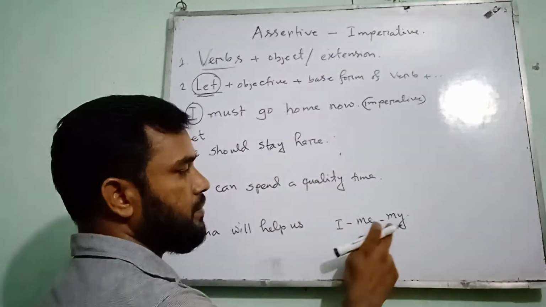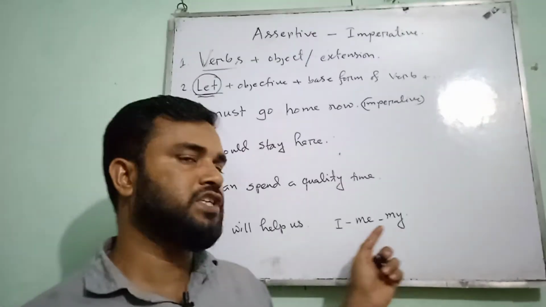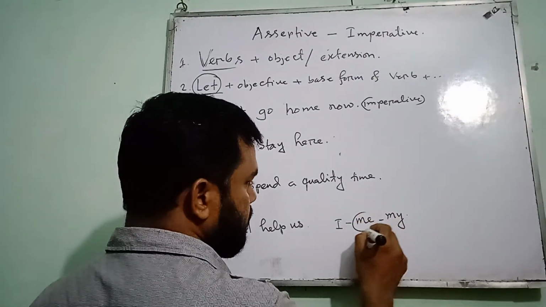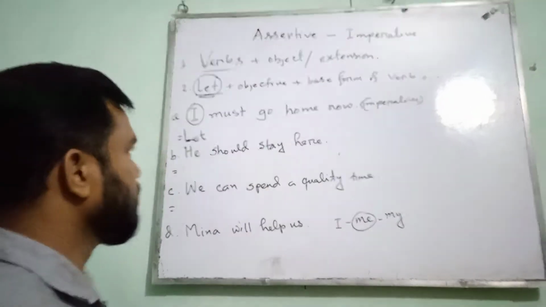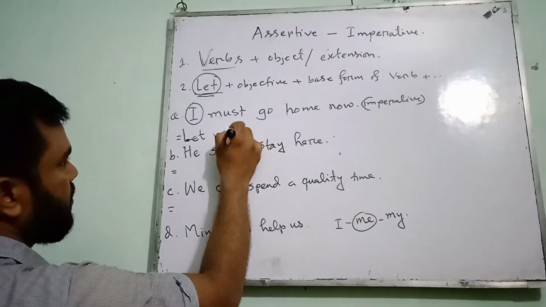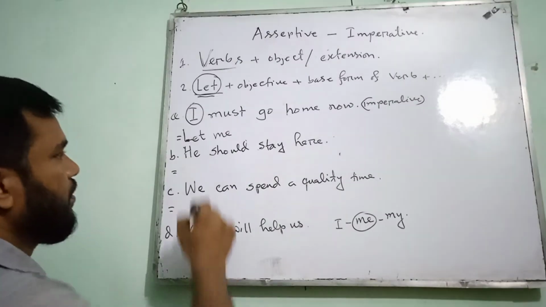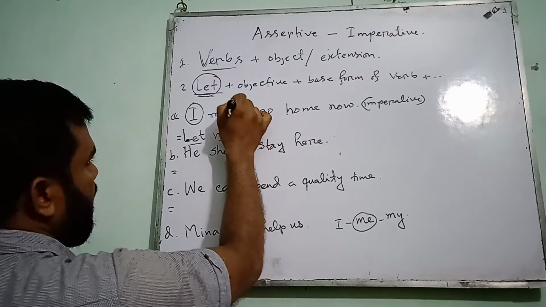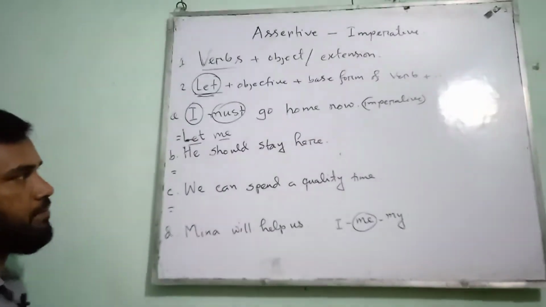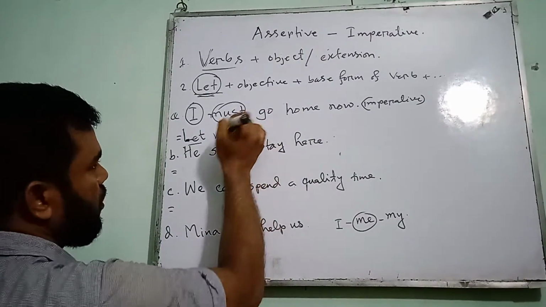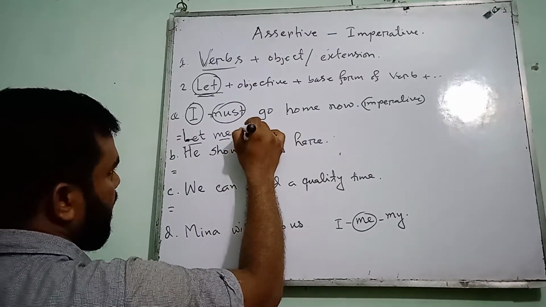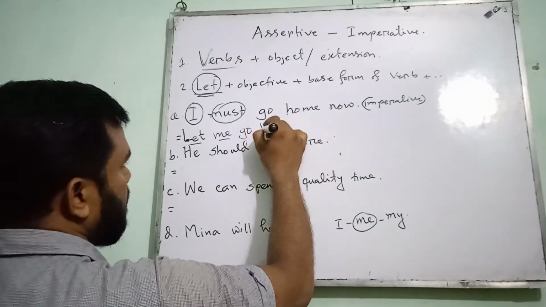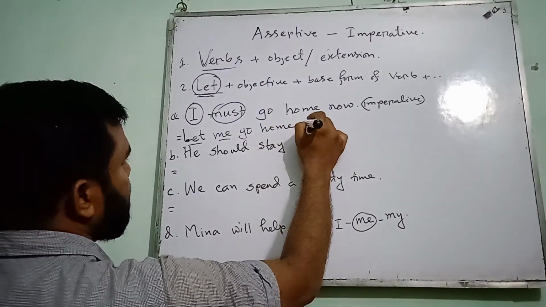I, me, my: subjective, objective and possessive form of the pronoun. I have to use this "me", the objective form. So "let me". I have to exclude the auxiliary verb "must", and write "go". Let me go home. Let me go home now.